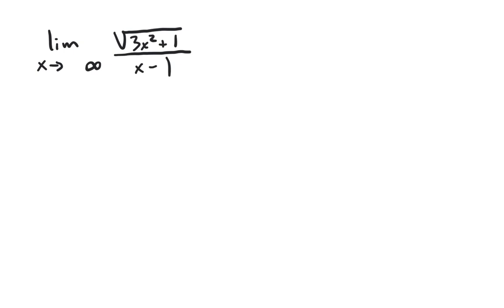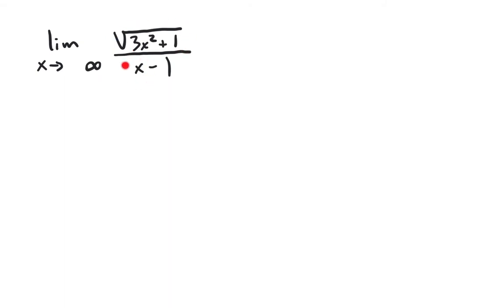So, if we're just thinking in general, the largest term in the numerator, the dominating term, is this square root of 3x squared. This 1 is kind of irrelevant as x gets larger and larger and larger. That 1 just becomes so small, it's such a small part of the numerator, it doesn't really matter.